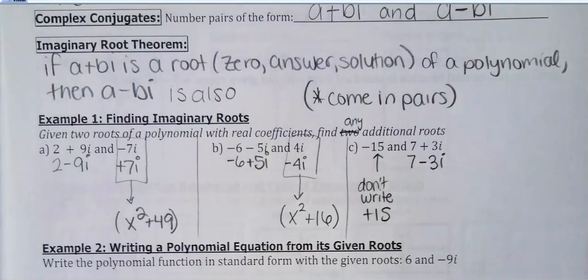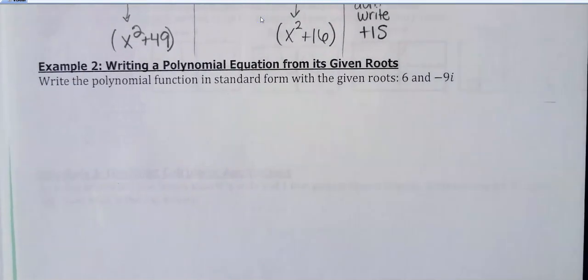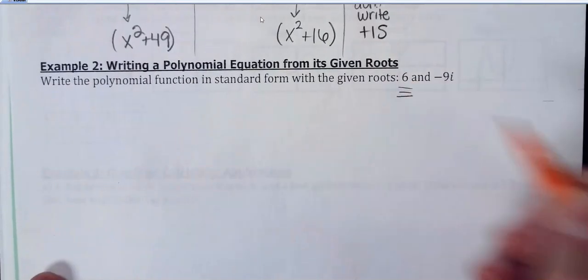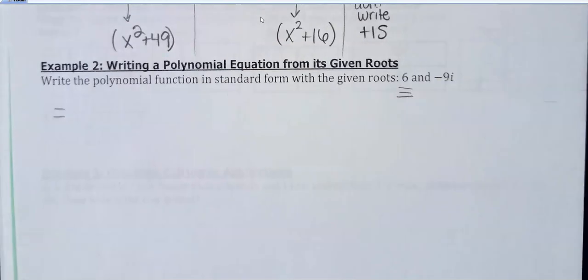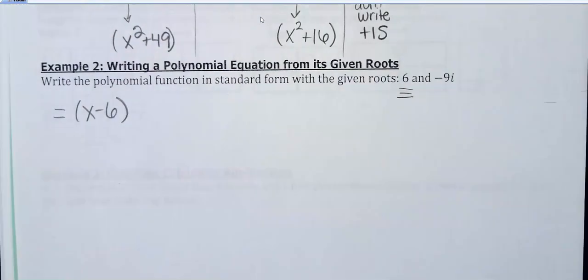All right, so here's what we did yesterday. I'm going to have us write standard form, but we're going to start with factored form. So if one of my answers is just 6, how would I translate 6 into a factor of the polynomial? Perfect, x minus 6. Okay, a plain number by itself, do not write its opposite, conjugate, whatever.